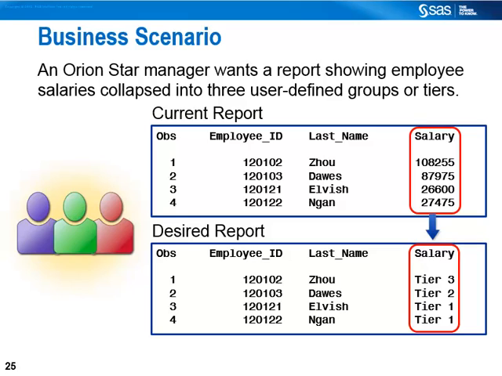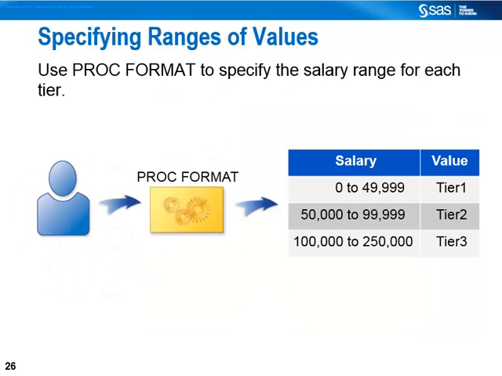Scenario: an Orion Star manager wants a report showing employee salary collapsed into three user-defined groups or tiers. So we specify a range of values. Use proc format to specify the salary range for each tier. So here the example is, there's the manager, we apply a proc format, and this should be the way the values are displayed.